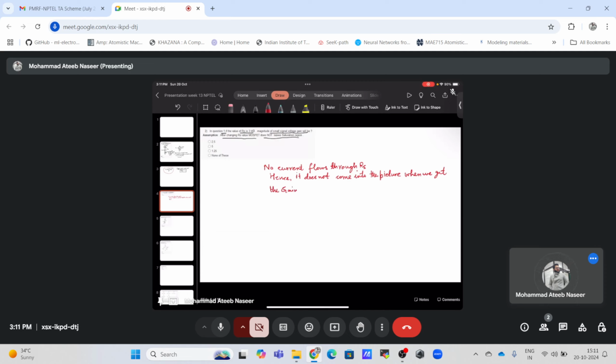Okay, so you can clearly see, therefore, the gain is independent of RS. Okay, so we will select the option D. So the gain is independent of RS. Okay, as simple as it gets.